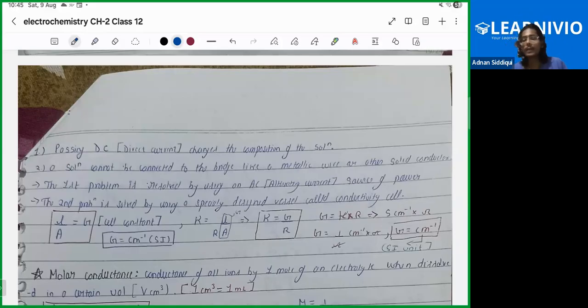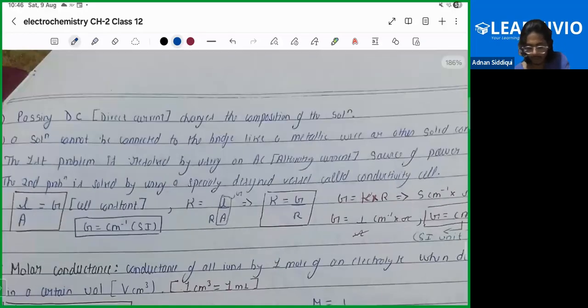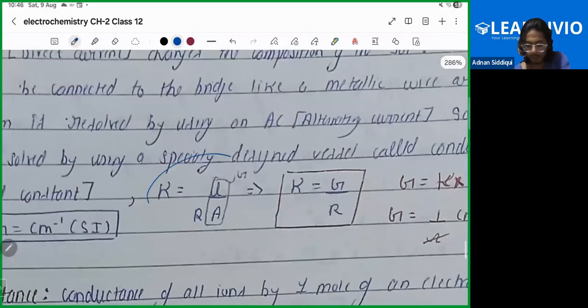So now we have to understand what this conductivity cell actually is. The first problem, the DC current we cannot use in ionic solution, so we use AC current. The second thing is, as we cannot make the Wheatstone bridge type of bridge in solution, we use vessels, conductivity cells. How are we going to create this conductivity cell with the help of our kappa formula, the conductivity formula? This is the formula that we derived from the resistivity.